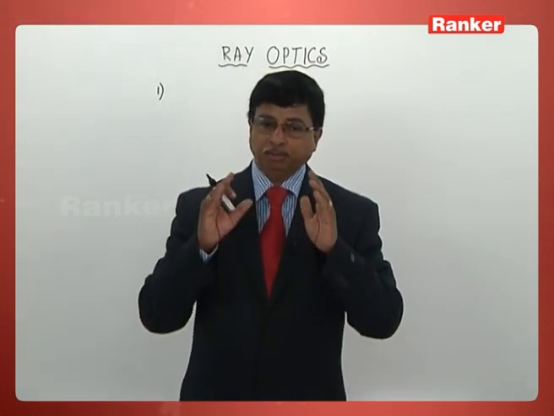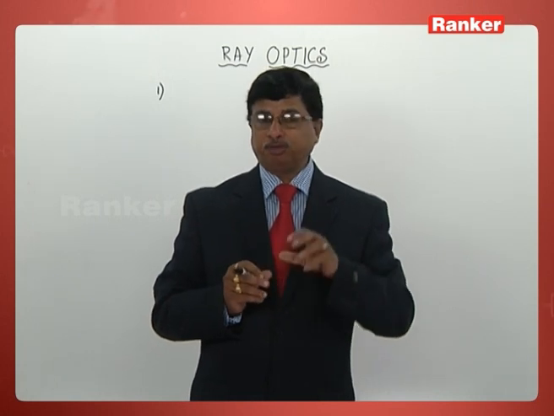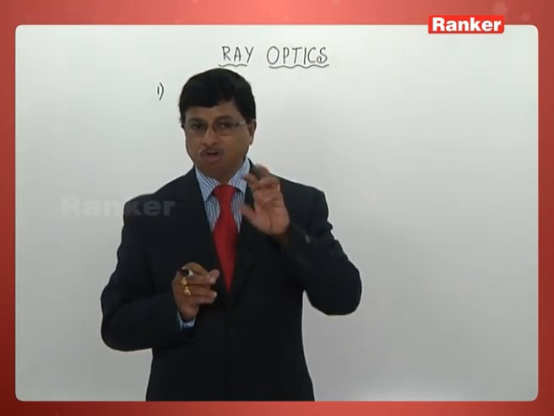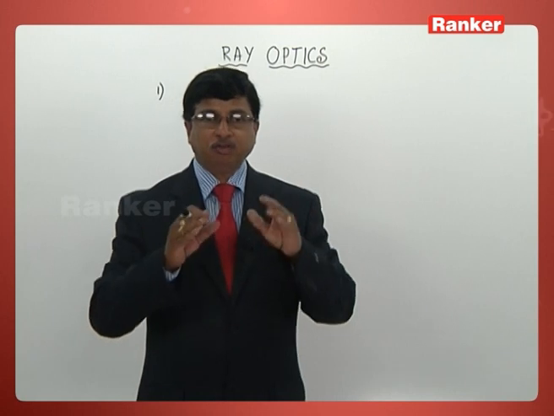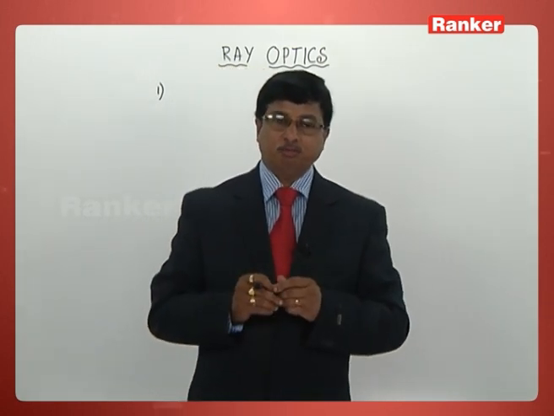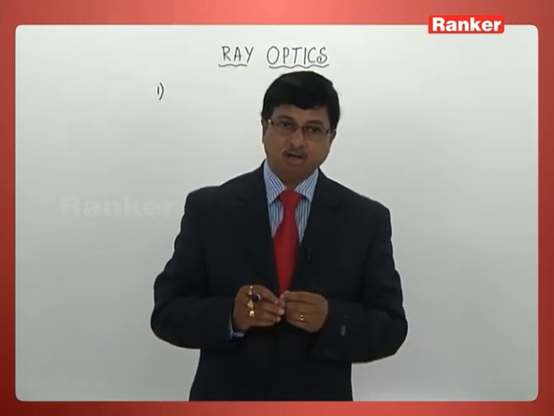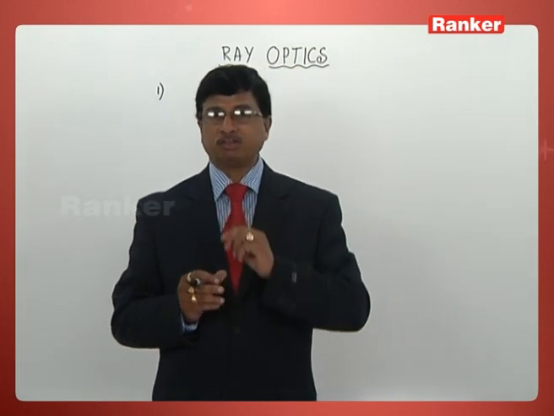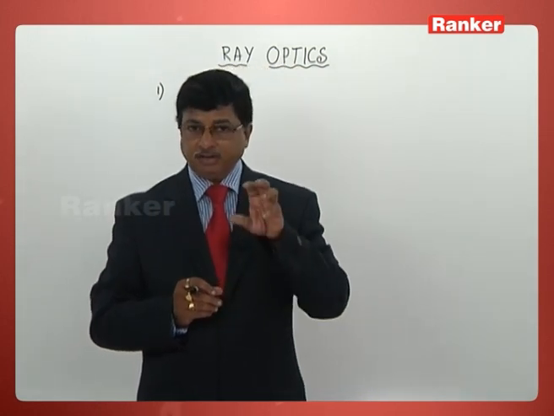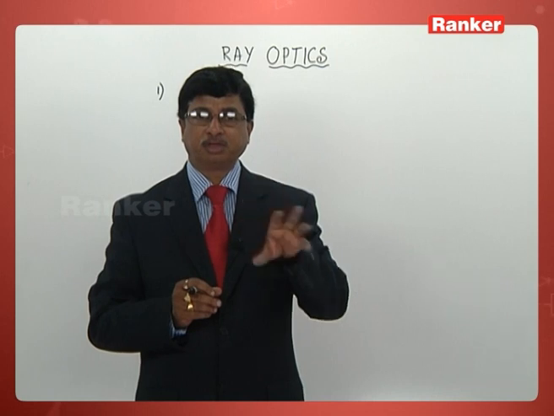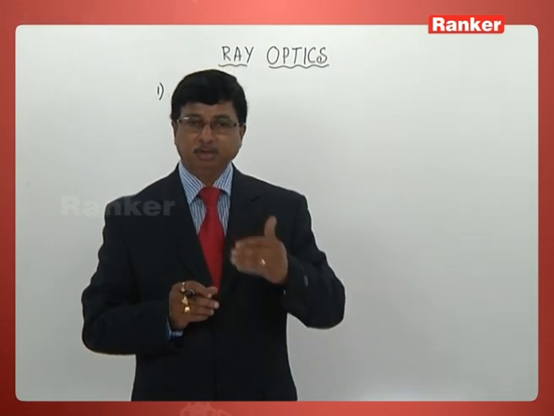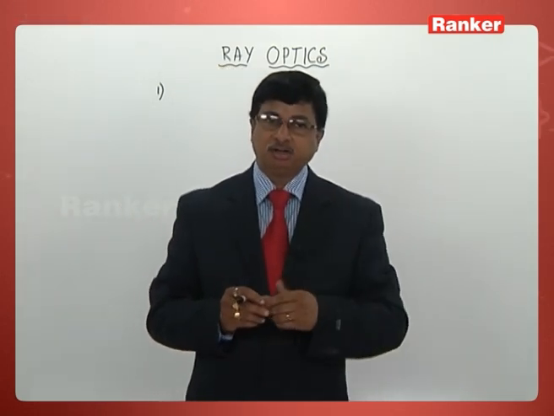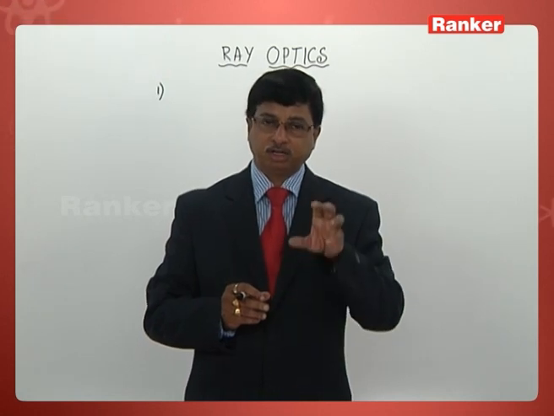So while doing the problem, if you are perfect and thorough with the conventional signs, whether it is the case of a concave mirror or a convex mirror, the result of course is going to be perfect. You will definitely get the correct answer required for that particular problem.